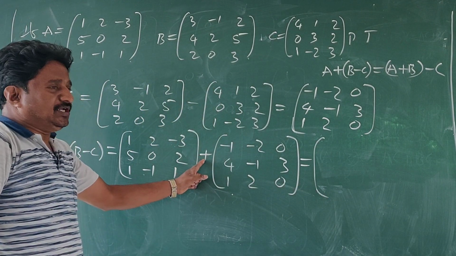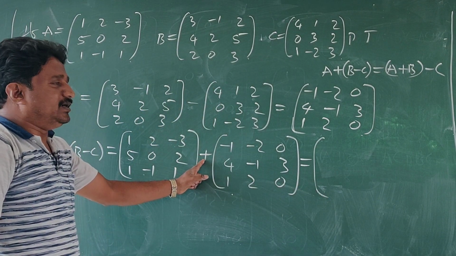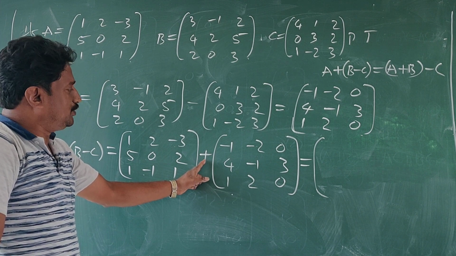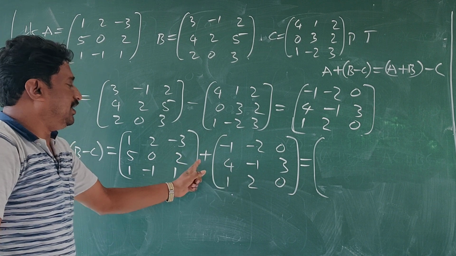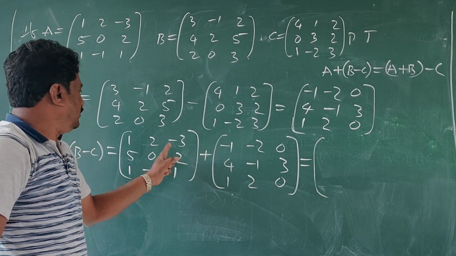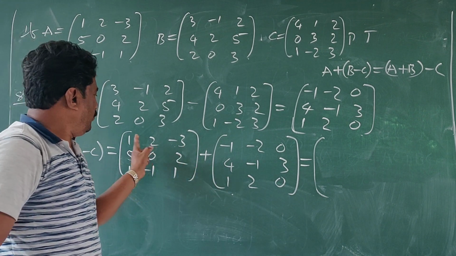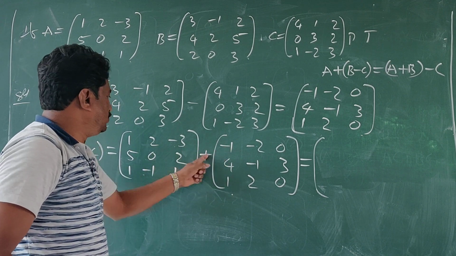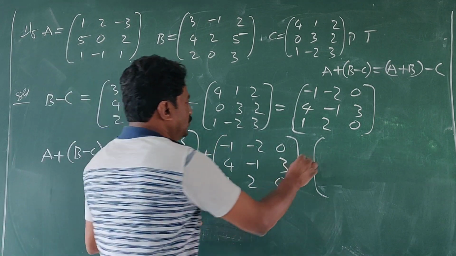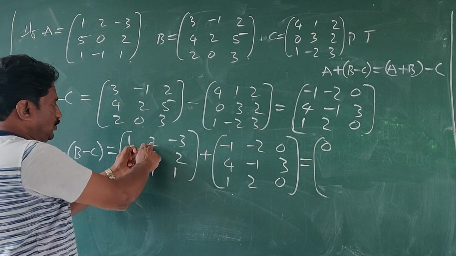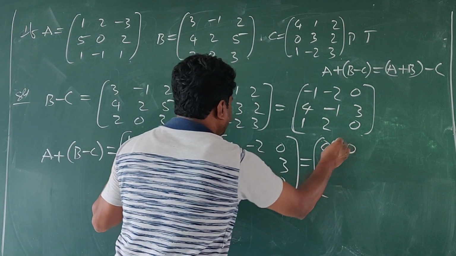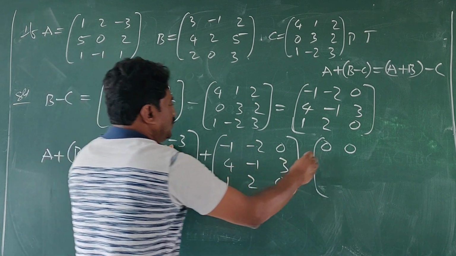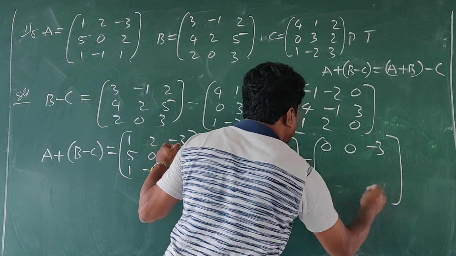Addition has to be done. 1 plus (-1) is 0. 2 plus (-2) is 0. -3 plus 0 is -3.